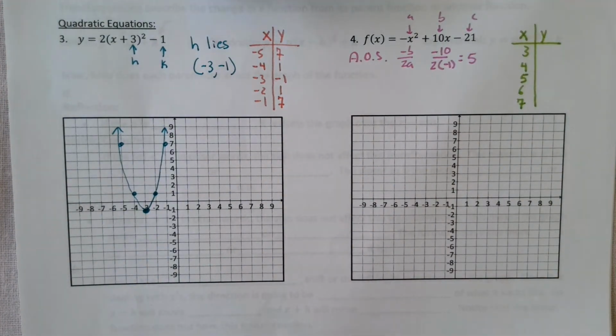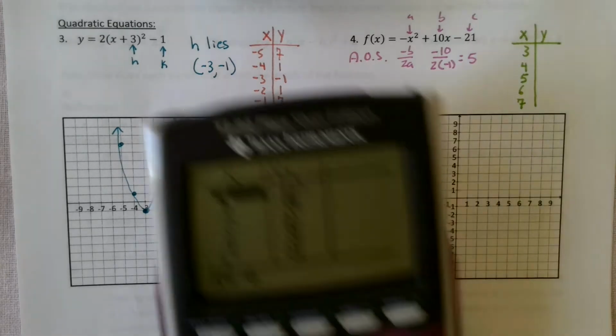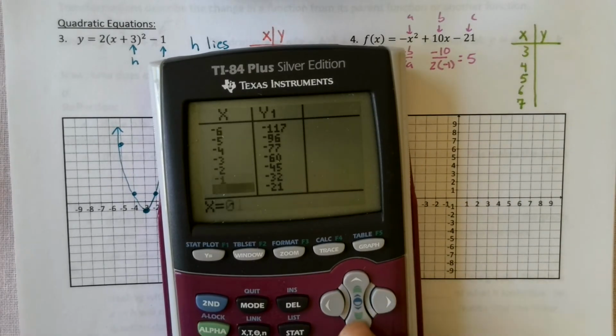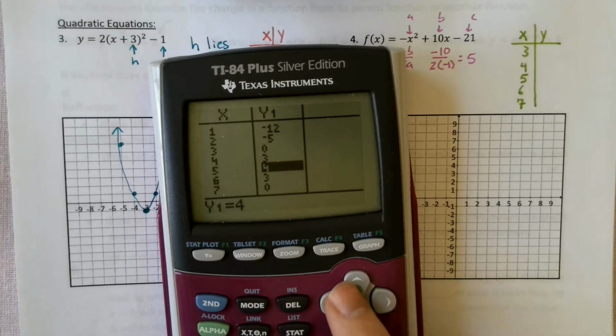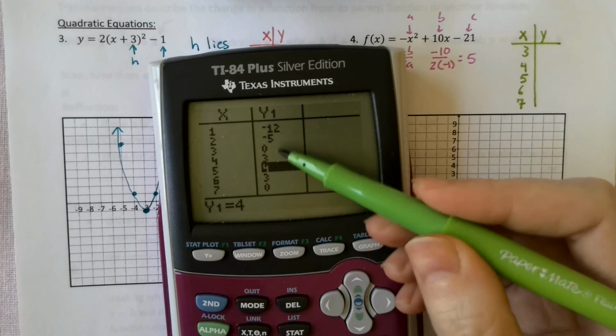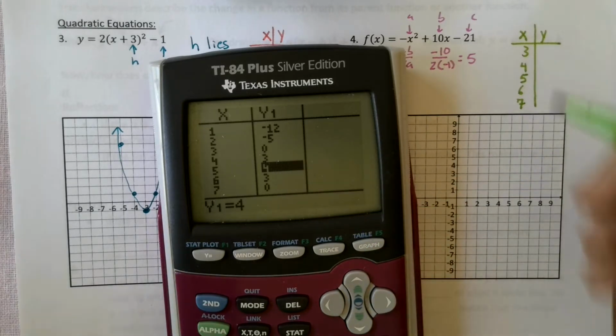And then if you don't want to substitute it into your equation, I don't blame you whatsoever, you can just put it into your calculator. Let's make sure I typed that in correctly. There we go. And then we're going to scroll all the way to 5, and it tells us 4. And make sure that your numbers after that repeat. See how that 3 and the 0? So perfect.